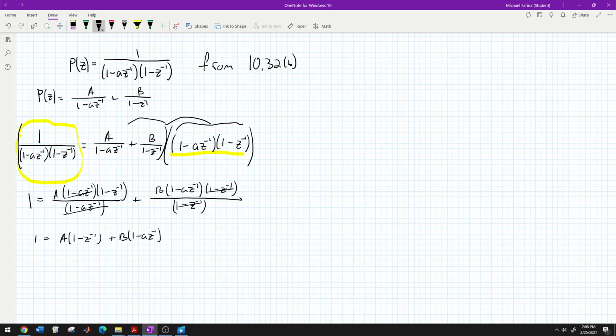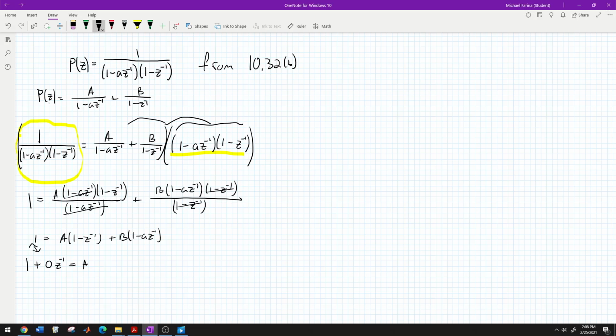And I can distribute, but first I'm going to add a 0 times Z inverse. This is the same thing, because 0 times Z inverse is equal to 0, so I still just end up with 1, but it'll help us in the end.